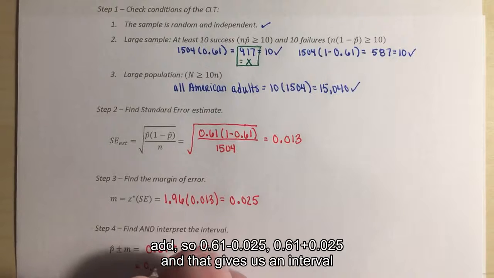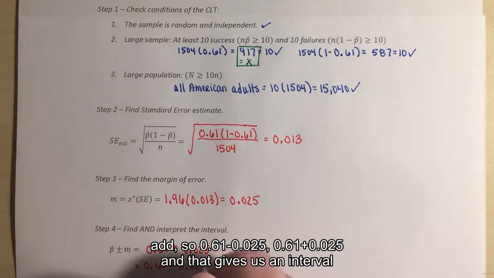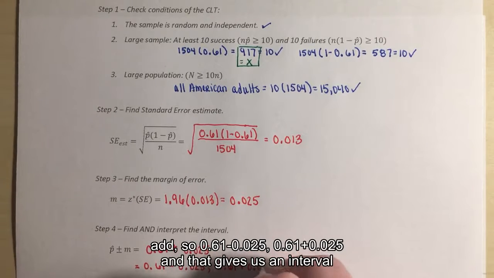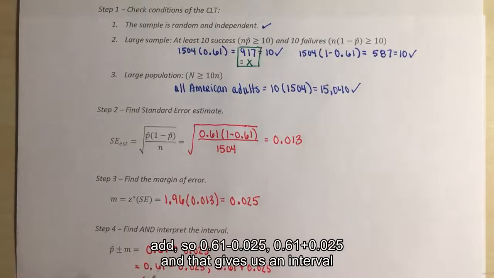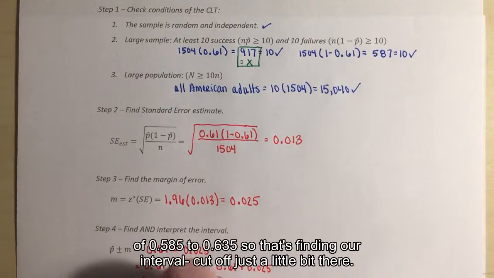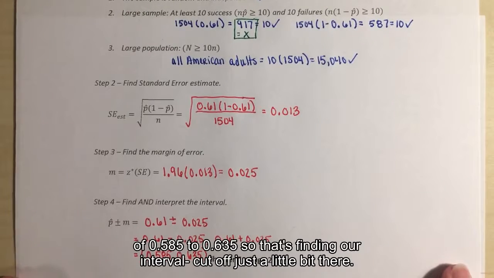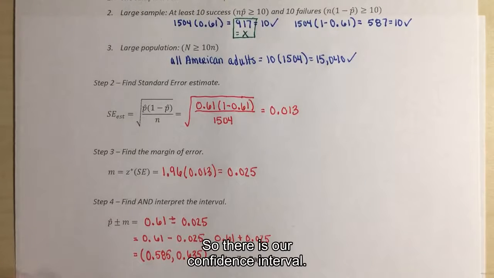So 0.61 minus 0.025, comma, 0.61 plus 0.025, and that gives us an interval of 0.585 to 0.635. All right, so that's finding our interval. Cut off just a little bit there. All right, so there is our confidence interval.